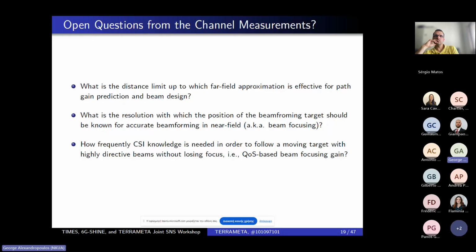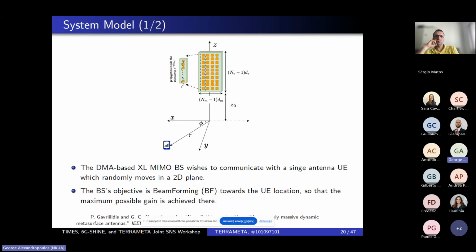Number 2, what is the resolution with which the position of the beamforming target should be known for accurate beamforming in the near field? This is also called beam focusing. And another major question is how frequently we need to acquire CSI knowledge in order to follow a moving target with a highly directed beam without losing the focus. And of course, this depends on the QoS requirement that we have.